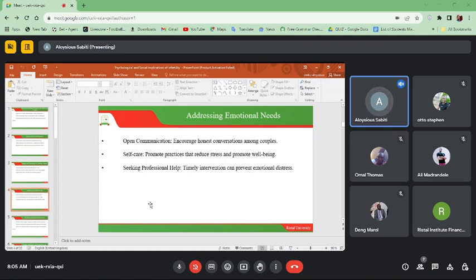And therefore, for a man to seek professional help as early as possible is not taken as a societal norm. However, it is very key to seek professional help if you're to address the issue of emotional needs.